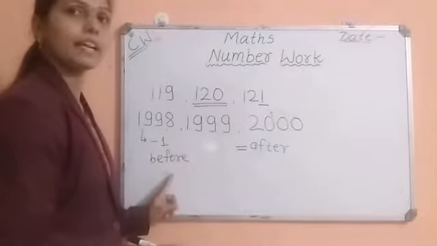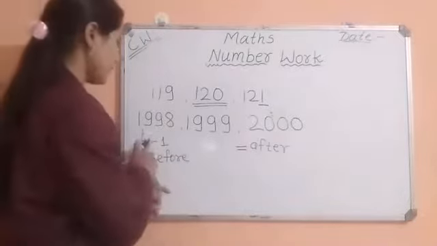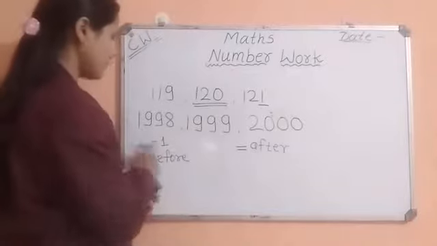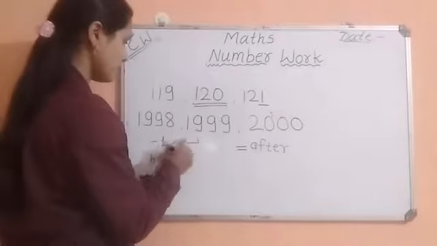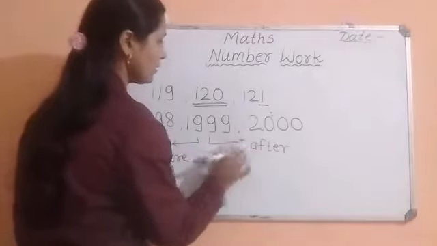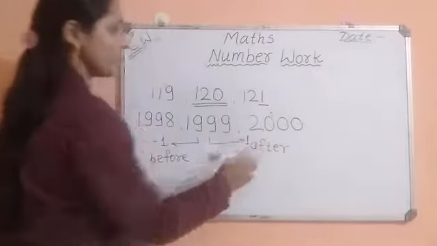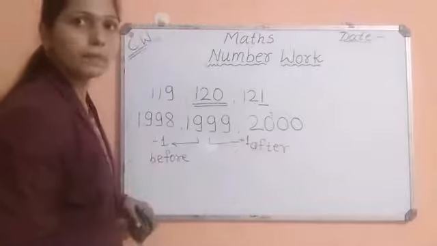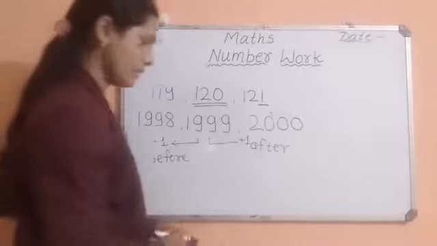Then we will get the number just before, and when we add 1, we get the number after the given number.